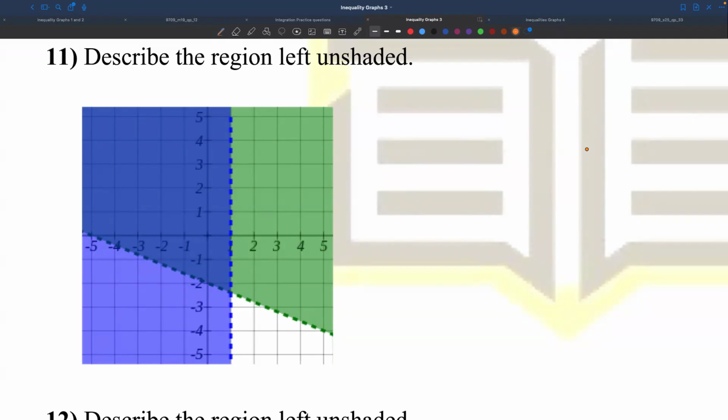This one, minus five. Another point over here, look, this one. Look, minus two, I don't care about minus two.